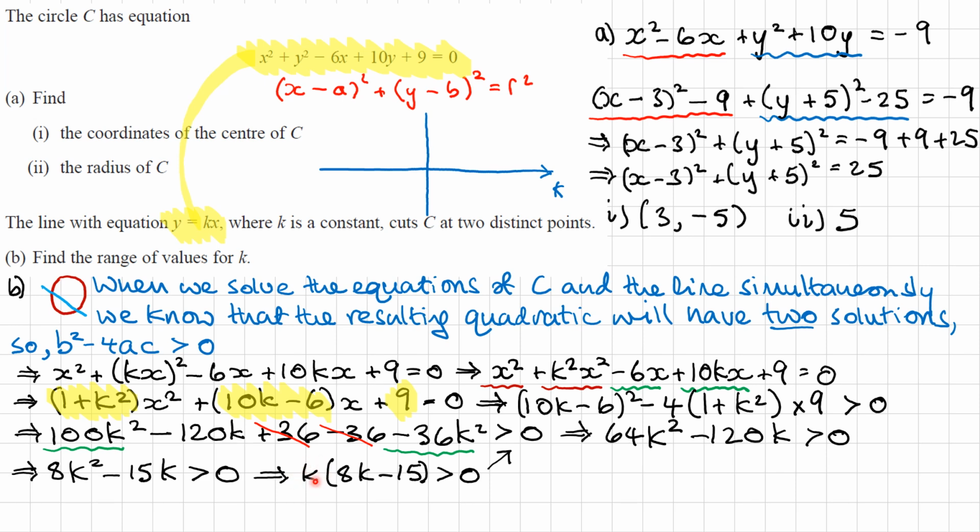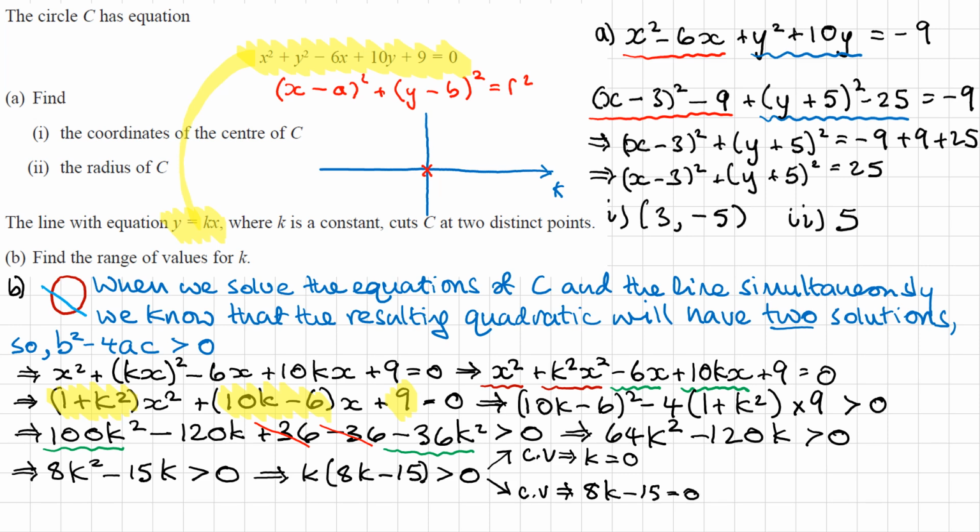So one critical value that will make this equal to 0, let's just write down CV for critical value, is when k is equal to 0. So I'll mark that on my sketch, 0 here. And then the other critical value is going to be when 8k minus 15 is equal to 0.